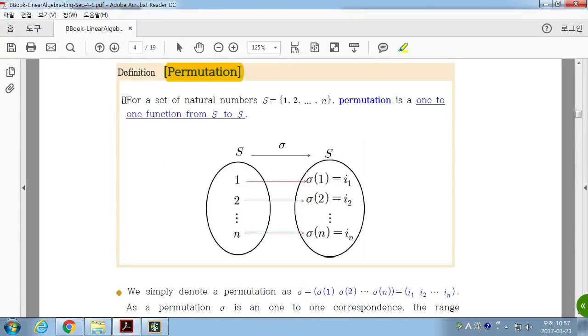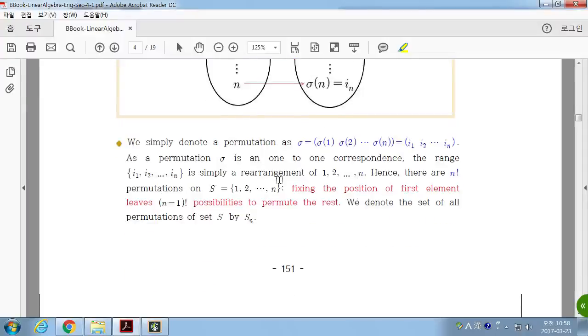Permutation. For the set S of natural numbers from 1 to n, a permutation is a one-to-one function from S to S. What that means is a one-to-one correspondence function from 1 through n to itself. So it sends 1 to 2, 2 to 5, n to 1, and so on. In the end, the image is a rearrangement of 1 through n. So this sigma, the permutation, is a function from S to S, a bijective function, a one-to-one correspondence.